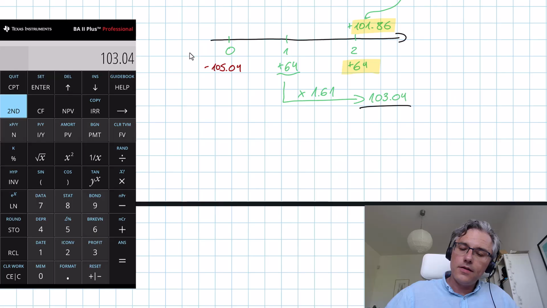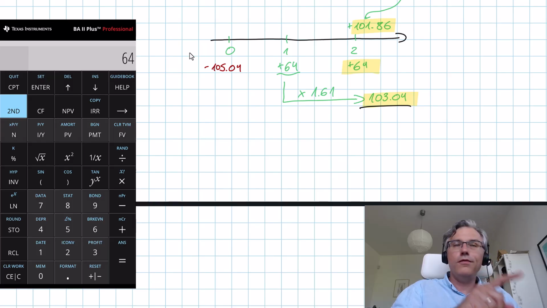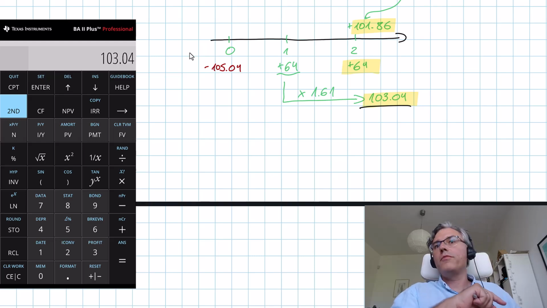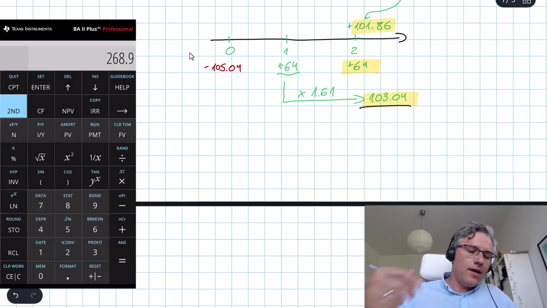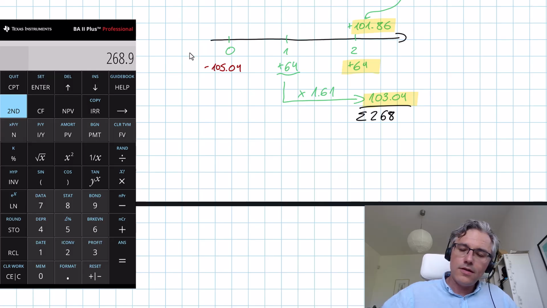This, and this. 101.86, the selling price, plus 64, the coupon received at the end of year 2, plus 103.04, which is the coupon from year 1, which has had an opportunity to grow due to reinvestment, gives us an end of year 3 total of 268.9.